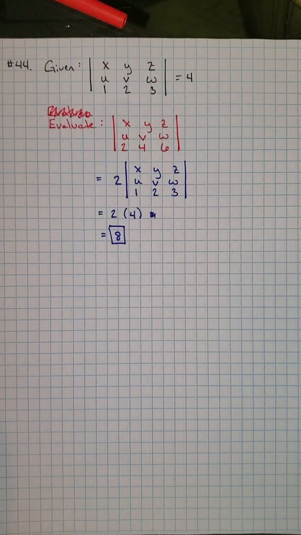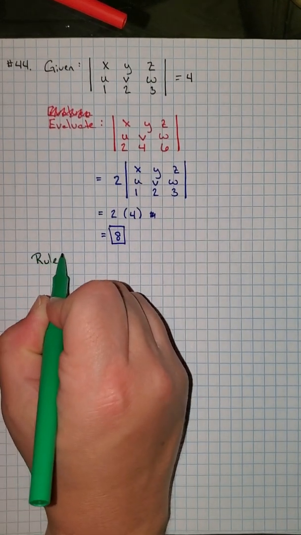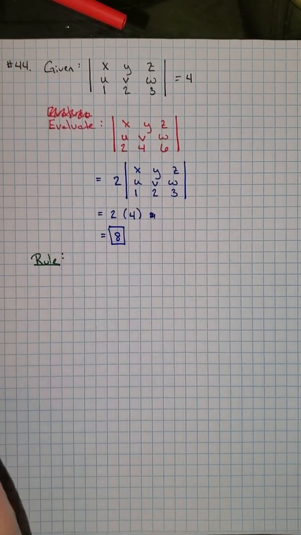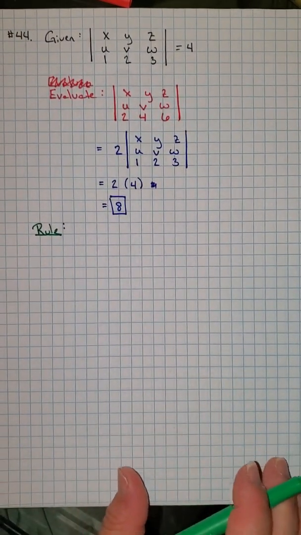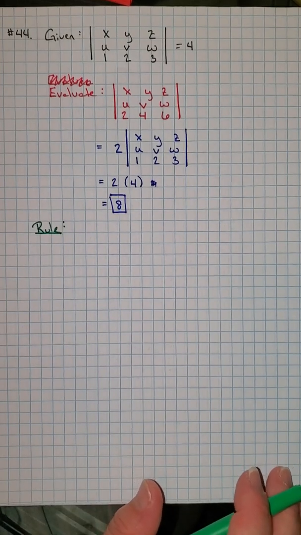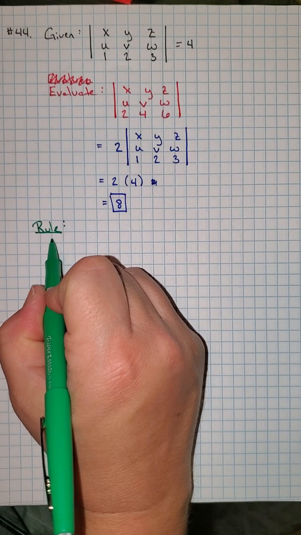So the rule is, if any row or column in a determinant is multiplied by a non-zero number, the value of the determinant is also multiplied by that number.